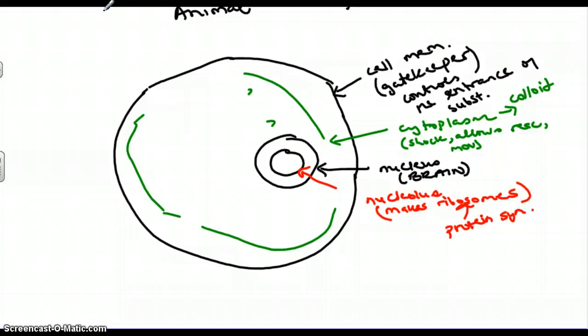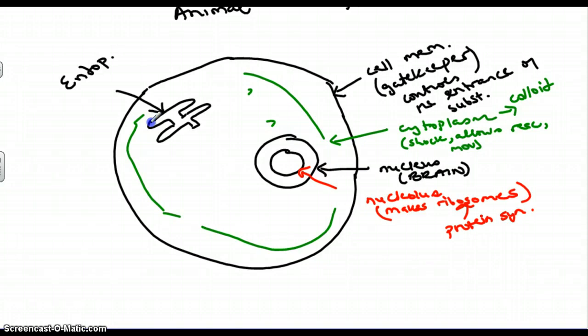There are two types of endoplasmic reticulum: smooth and rough.